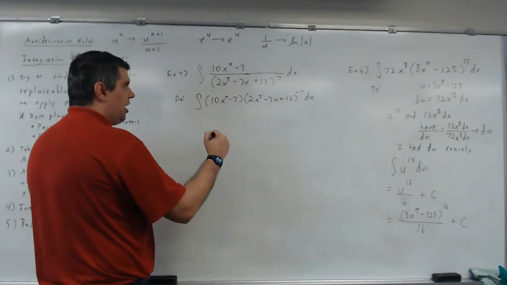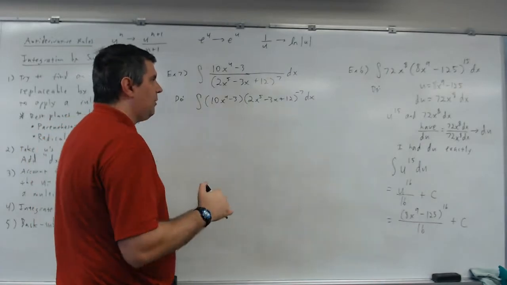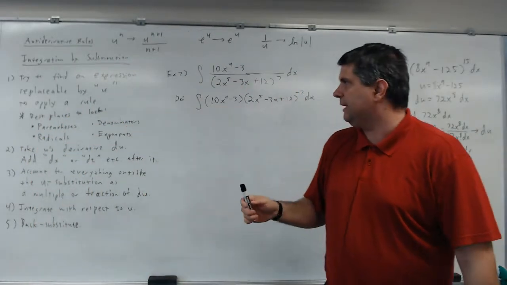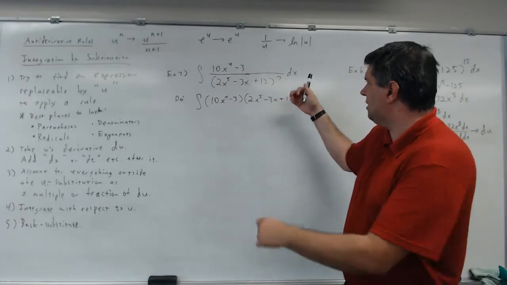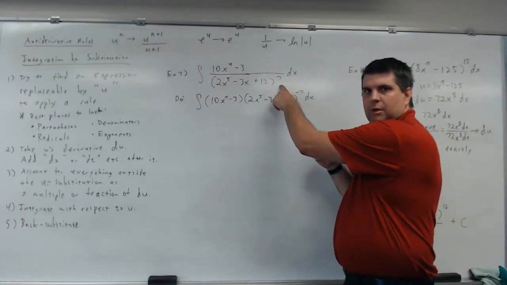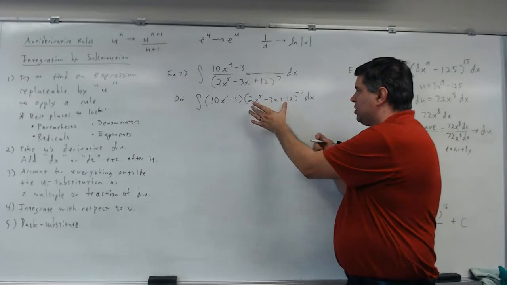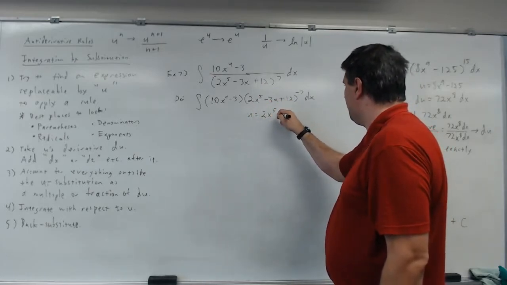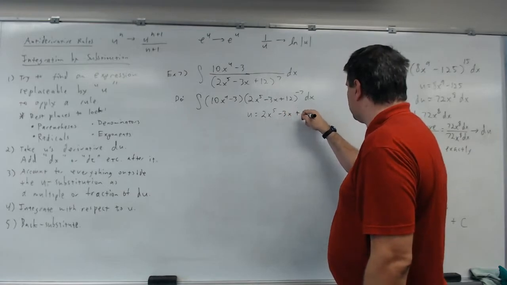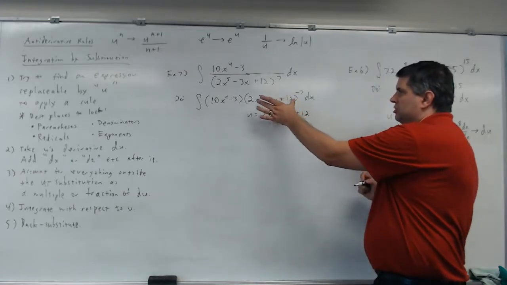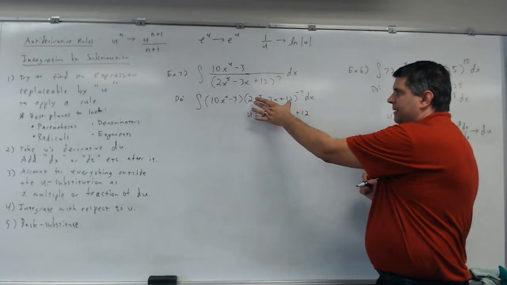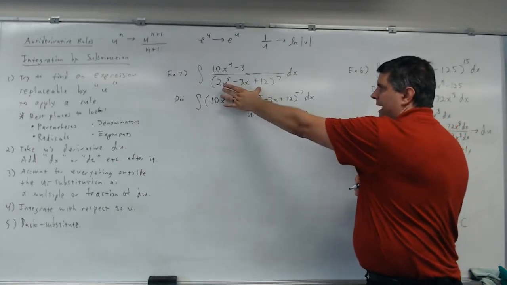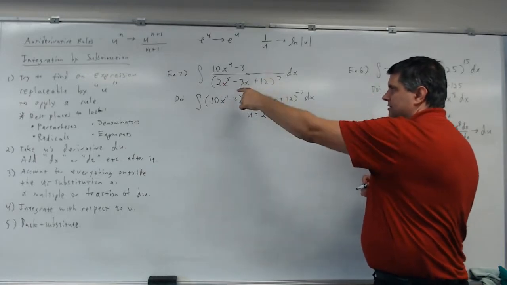So the best place to look for u, all things being equal, is the denominator. So I'm going to use u equals 2x to the 5th minus 3x plus 12.